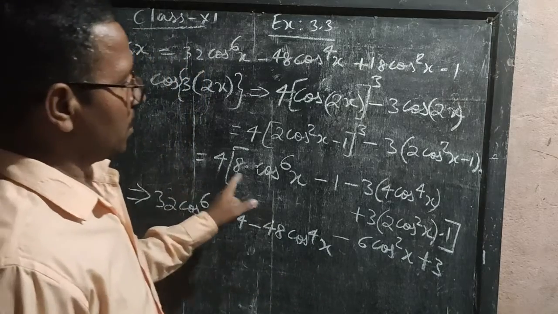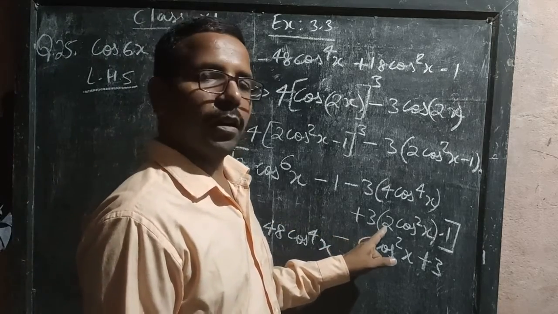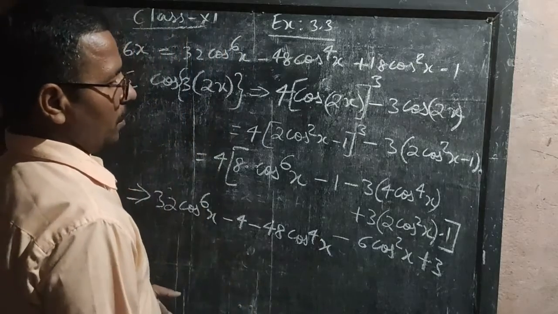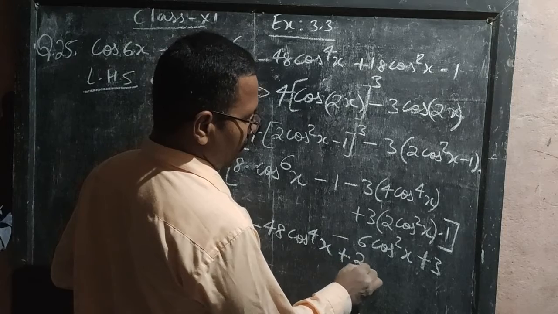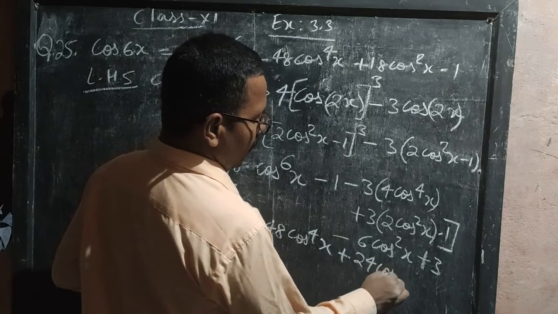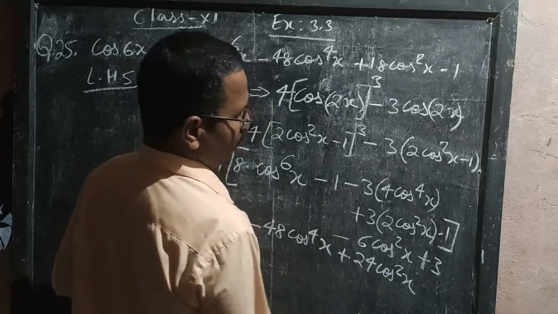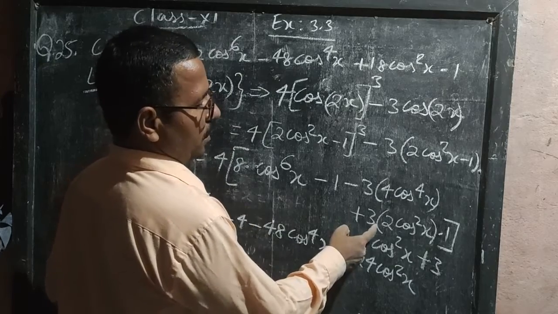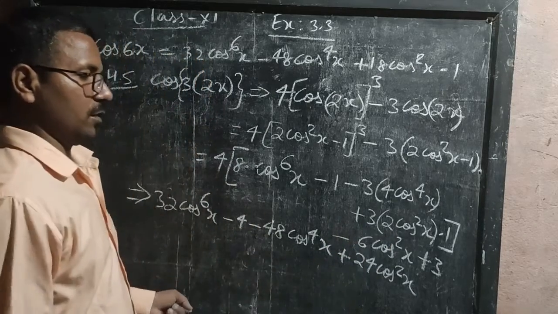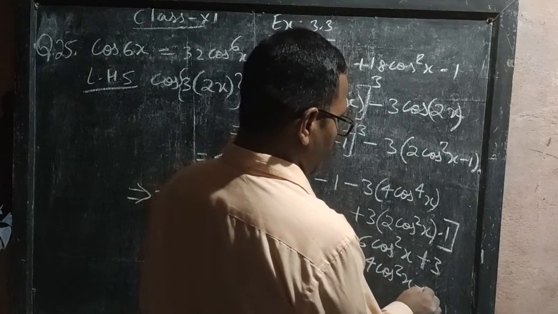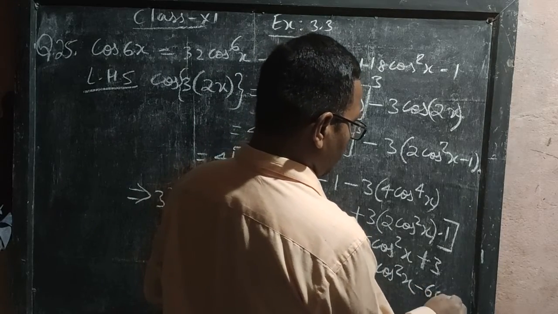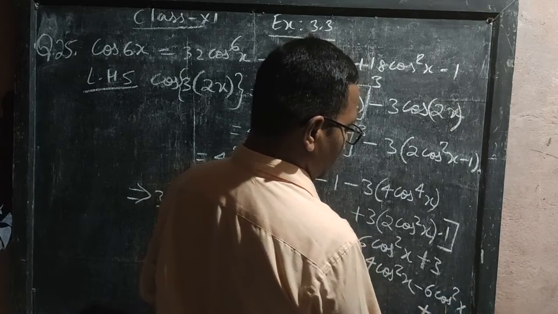Now 4 times 3 is 12, and 12 times 2 is 24, so 24 cos square x. Then minus 6 cos square x and plus 3 remain the same.